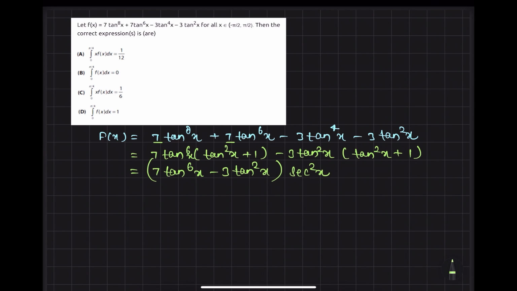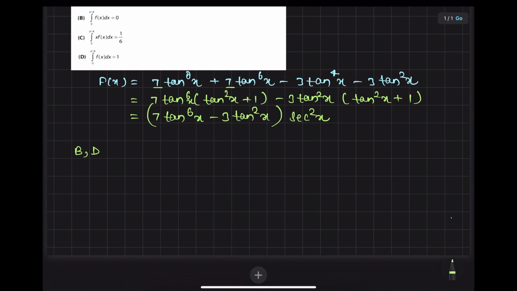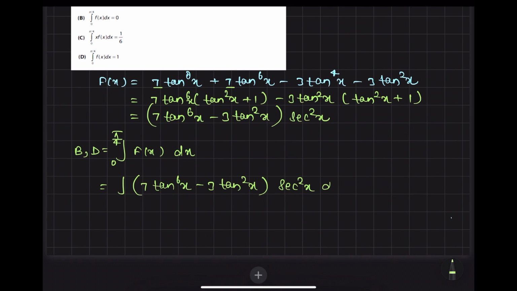Means we are handling questions B and D. So let's integrate f of x from 0 to pi by 4 dx. Let's write down the question. So it is 7 times tan power 6x minus 3 times tan power 2x and then sec square x dx.